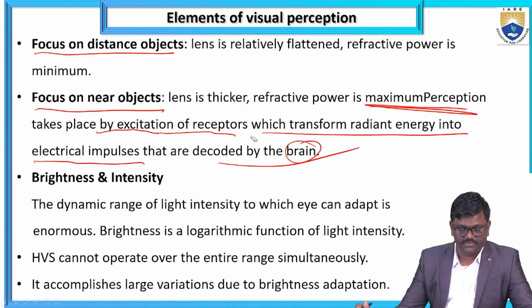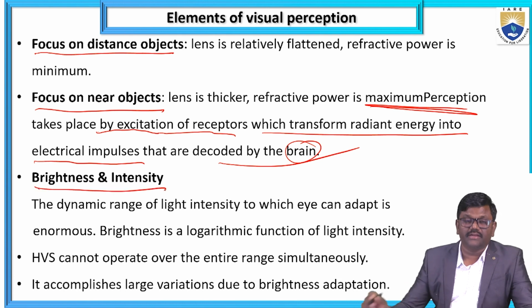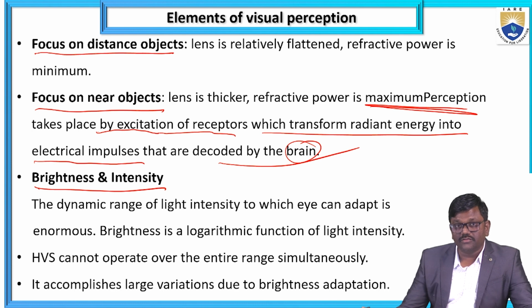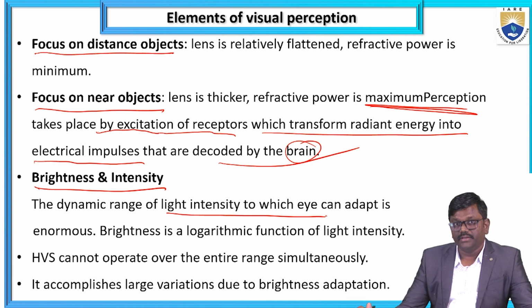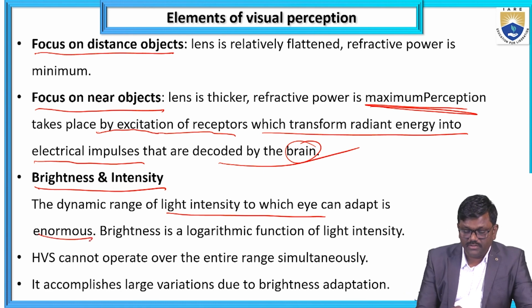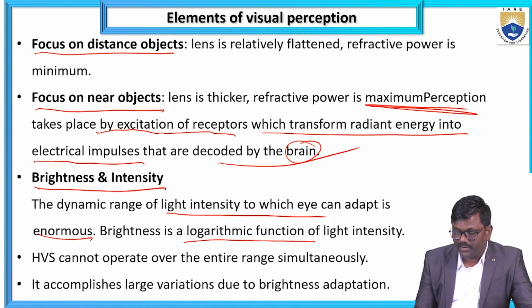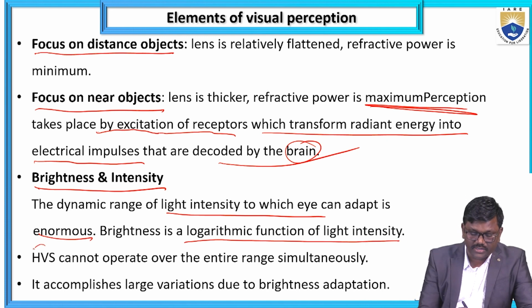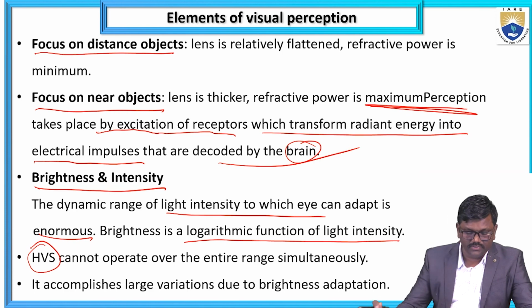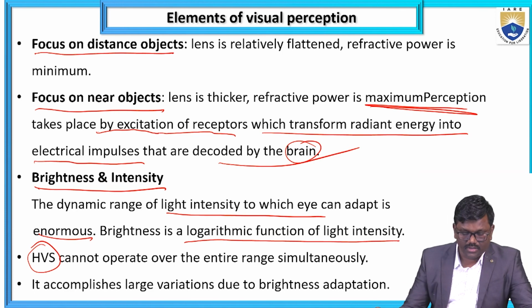on near objects. So brightness and intensity is also one of the elements of visual perception. Okay. So what we want to understand from here is that the dynamic range of light intensity to which the eye can adapt is enormous. The brightness is a logarithmic function of light intensity, which we are going to concentrate on in terms of HVS, that is the human visual system.